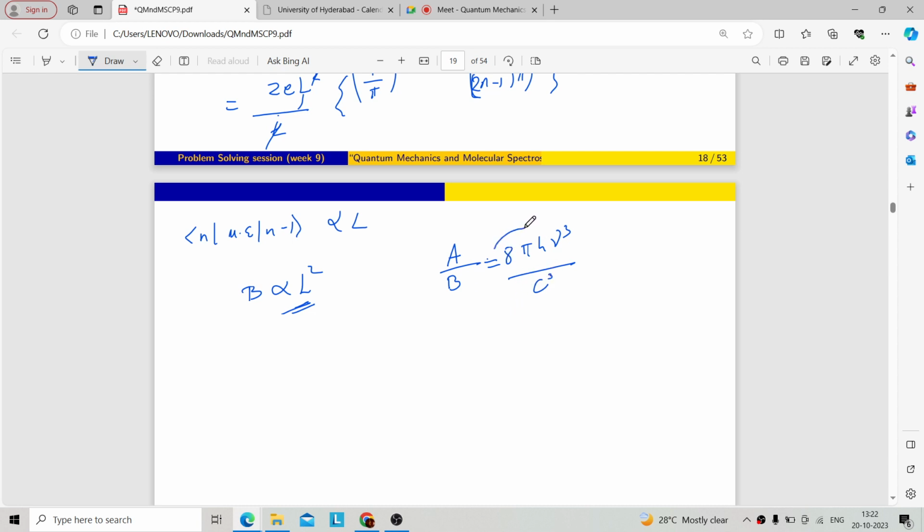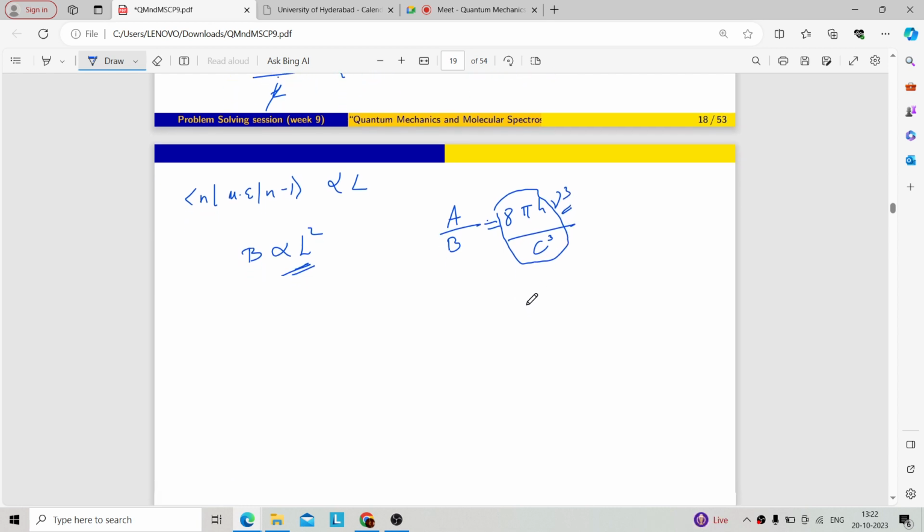You see all these values are constant. So what is the variable now? Nu cube. Nu is the frequency of the photon. In the case of a one-dimensional potential, the energy of the nth state we can write as n square h square over 8 m L square, right?